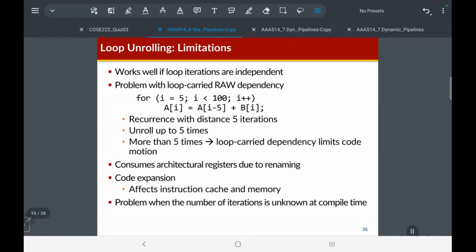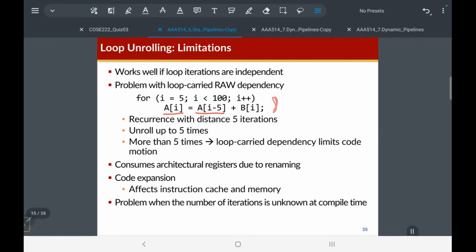In this example, this is an example of the interloop dependency. If we see these loop iterations and just focus on the AI, AI uses data from the previous iteration, like I-5.